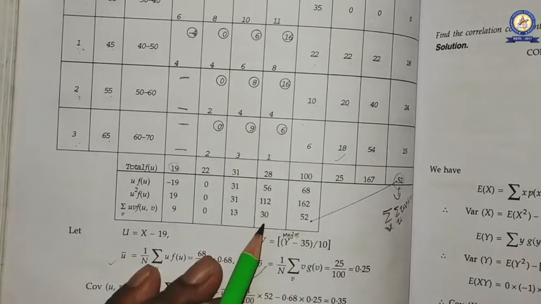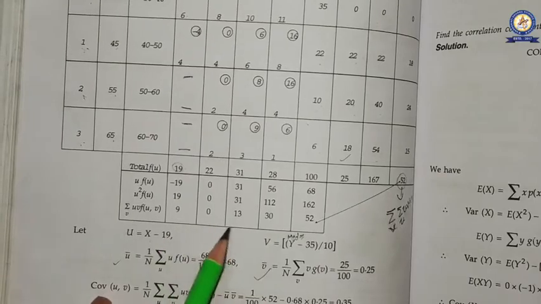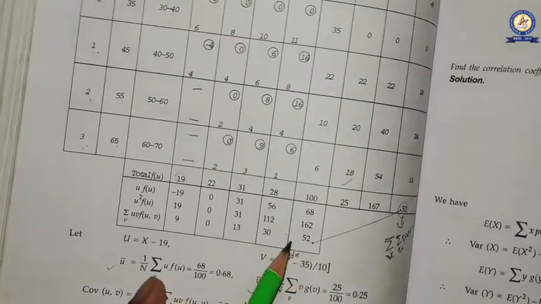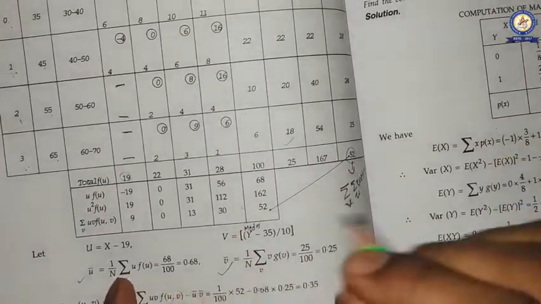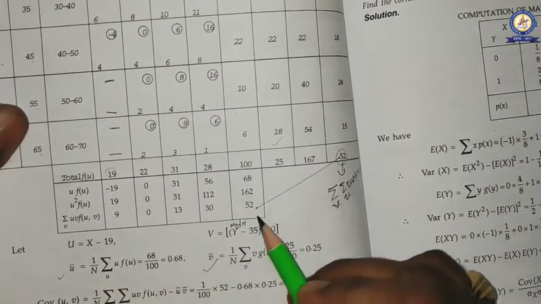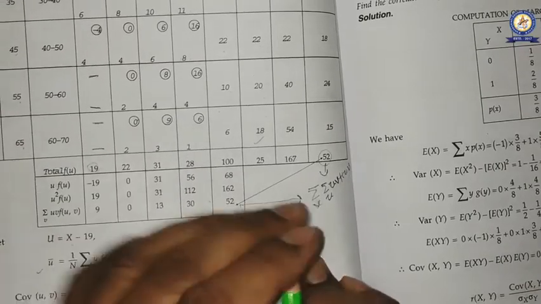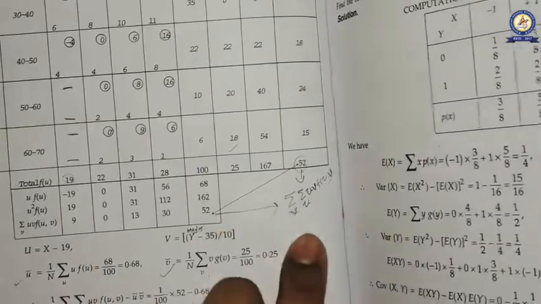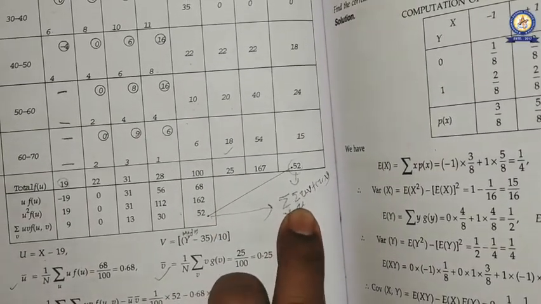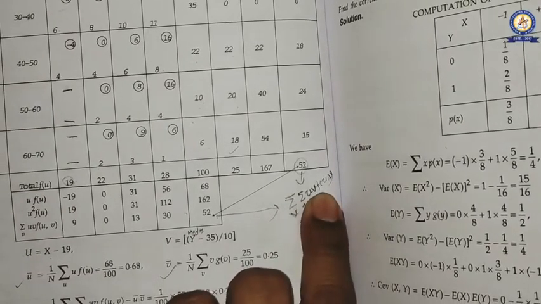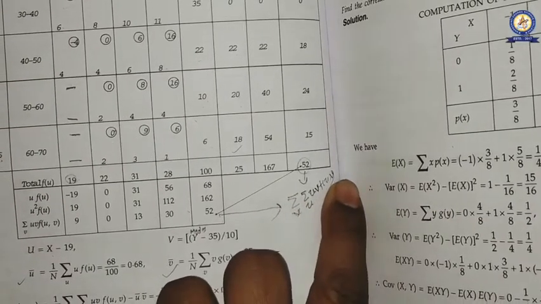If I add this, 9, 13, 30 will be 52. This value is nothing but this one, this 52, that is the summation over v, summation over u, uv into f(uv). Okay, all the required data we have evaluated.